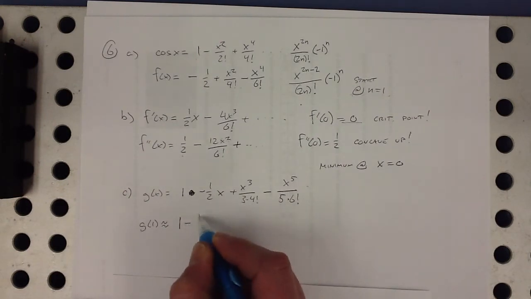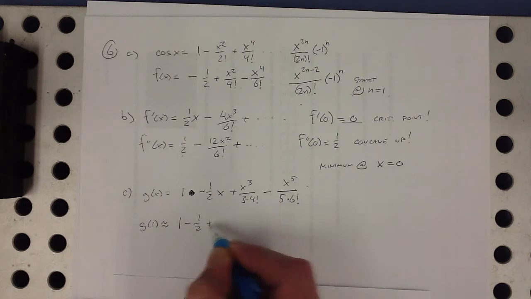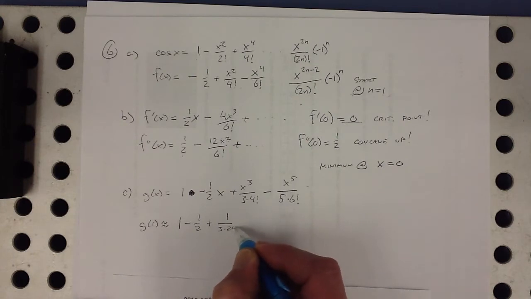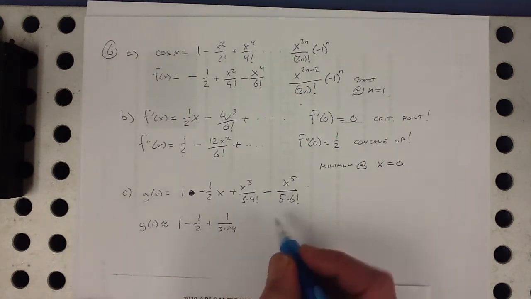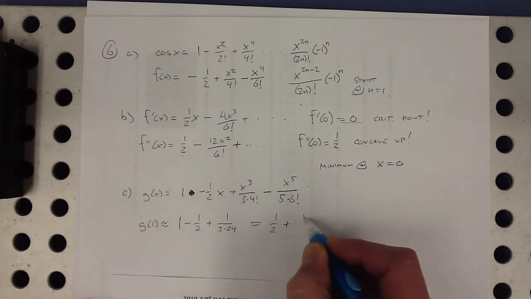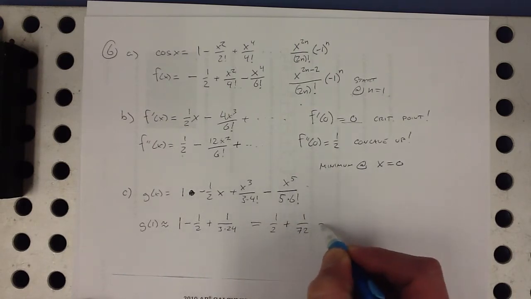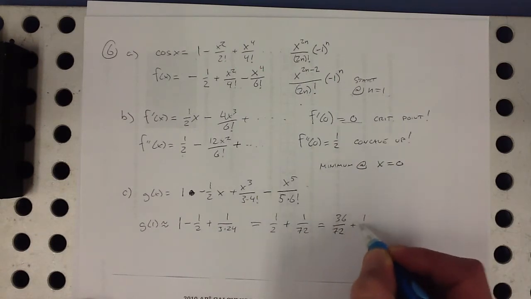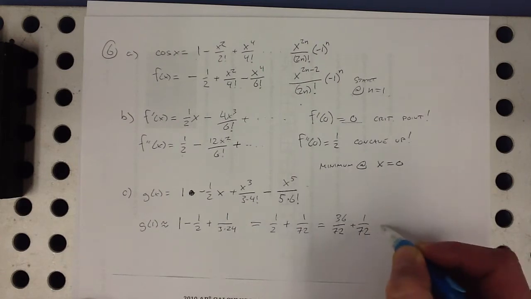That'd be 1 minus 1/2 plus 1 over 3 times 4 factorial is 24. And that's, let's see, 1/2 plus 1 over 72. 1/2 is 36 72nds. That's 37 over 72.